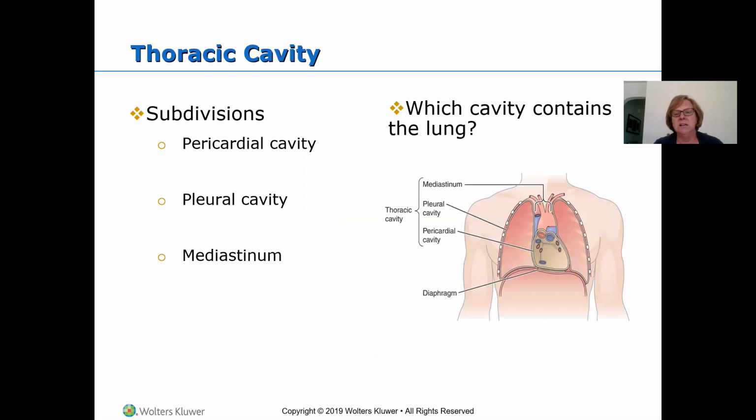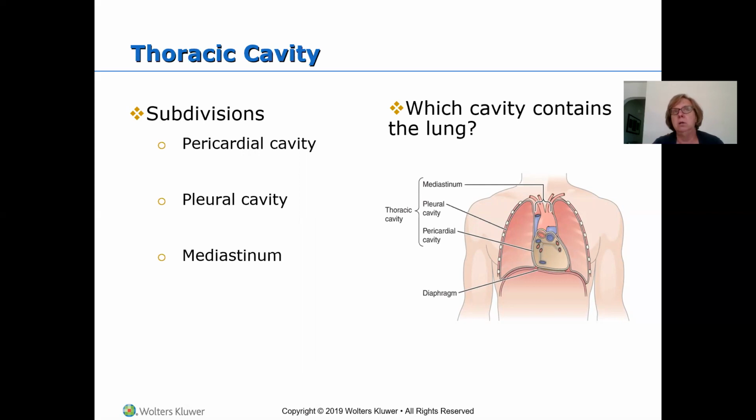And if you look at the thoracic cavity, along the midline of the thoracic cavity and separating the two lobes of the lung is called the mediastinum. And the heart is within that region. The thoracic cavity has a lining around it, and it contains the pleural cavity where our lungs are.